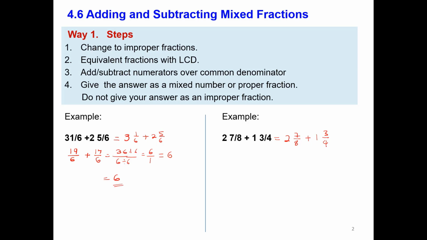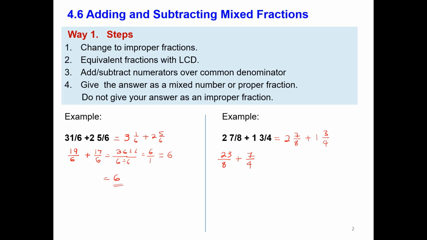The first thing we do is change these mixed fractions into improper fractions. 2 times 8 is 16 plus 7 is 23 over 8, plus 1 times 4 is 4 plus 3 is 7 over 4.